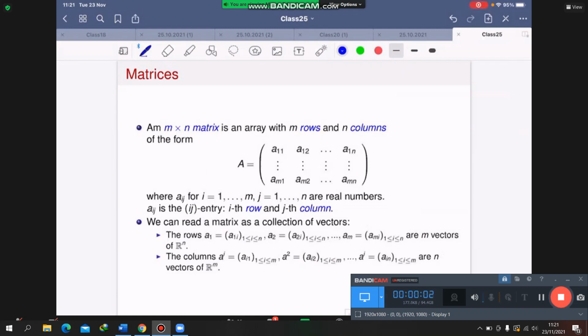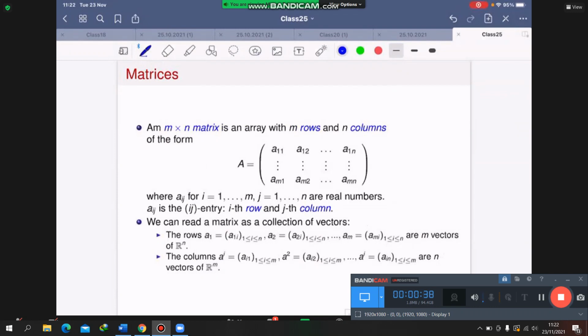What is a matrix? A matrix is characterized by a dimension. A dimension is the number of rows and the number of columns. The dimension is the number of rows, m of Milan, and the number of columns, n of Naples.